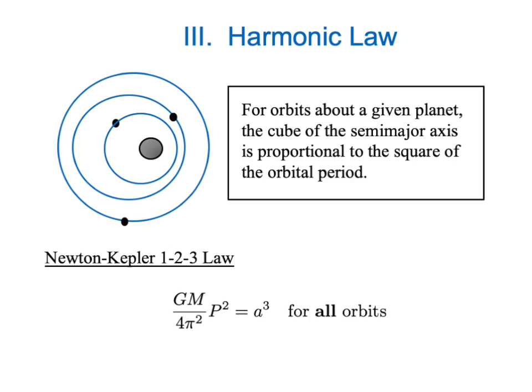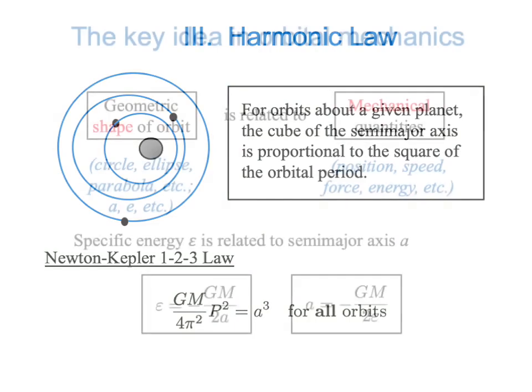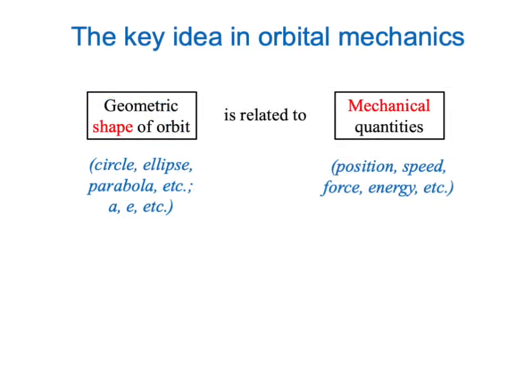By the way, Kepler was the first to introduce the term satellite to describe a small body in orbit around a planet. This brings us to the key idea in orbital mechanics, that properties of the geometric shape of the orbit, like the semi-major axis and eccentricity of the ellipse, are related to mechanical quantities, quantities having to do with position and speed, force, energy, and so on.